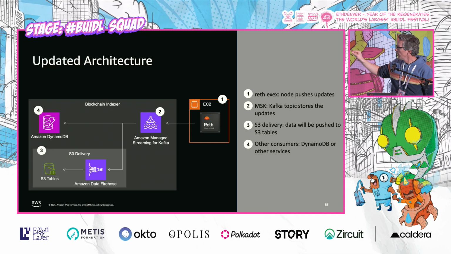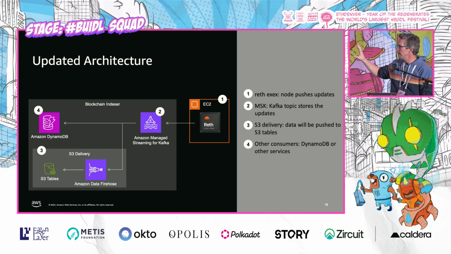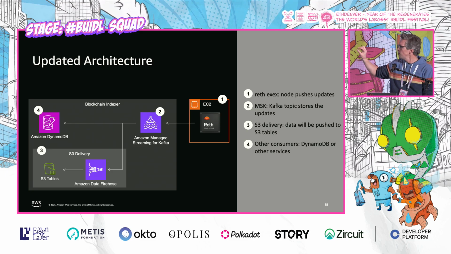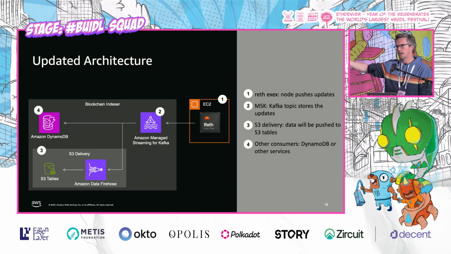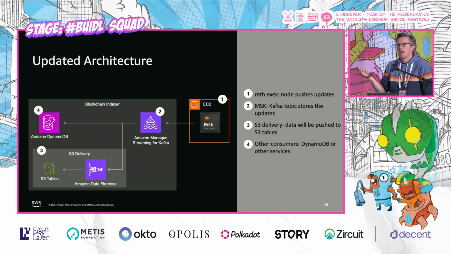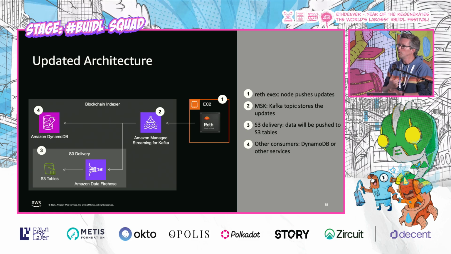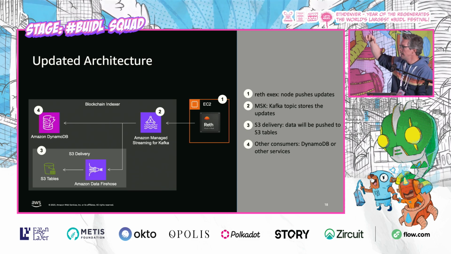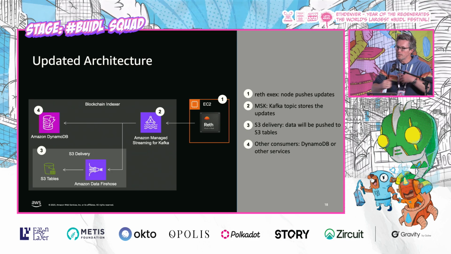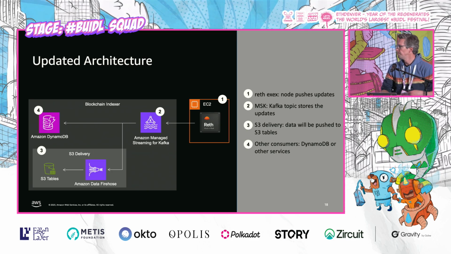Or, of course, we can use the Kafka streaming to push the data somewhere else. A database here, I just put Dynamo, but we could have whatever we want, and we could also use some kind of processing engine, something like Apache Flink, that takes the data, transforms it and then pushes it somewhere else.